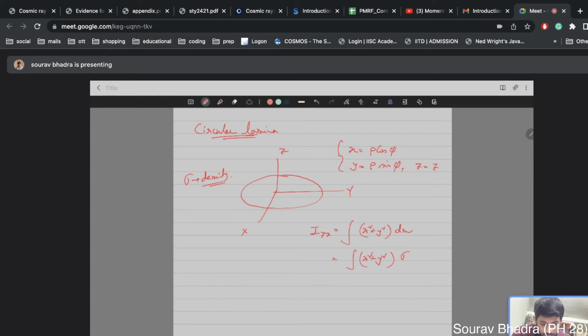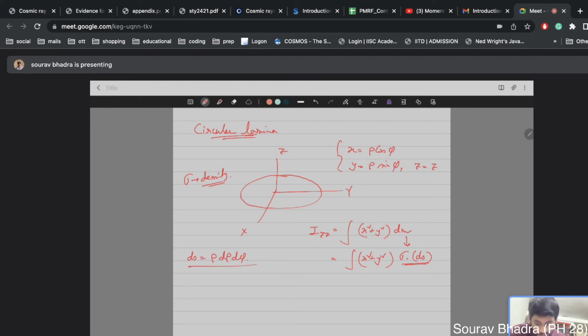Now the elementary area: dm is sigma dS. The area for this type of system, when I am using cylindrical coordinates, can be written as rho d rho d phi. This you have already seen.